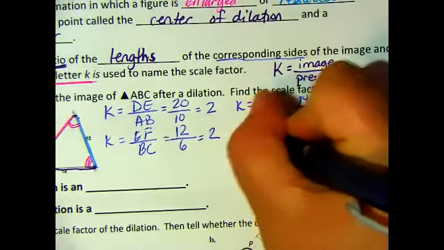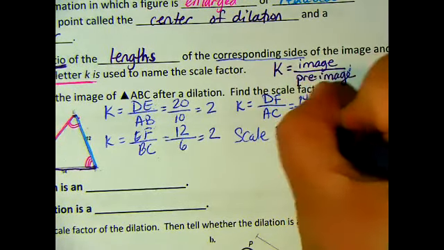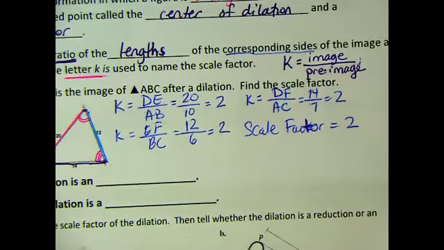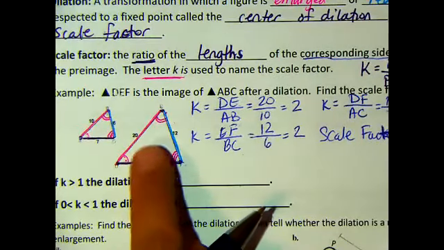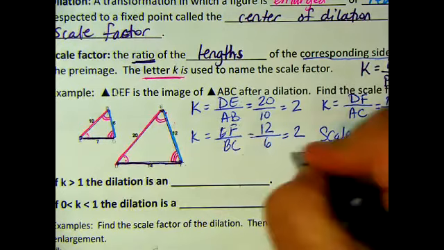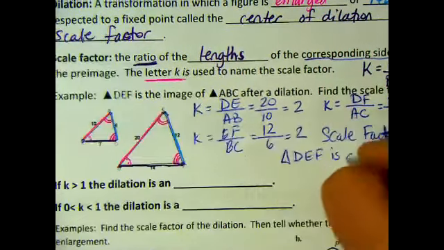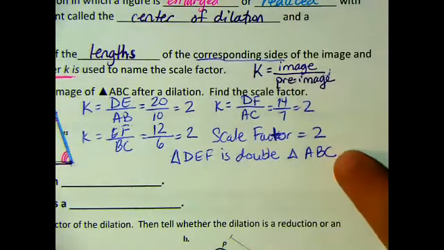So my scale factor is 2. And since triangle DEF is the image, I can say that triangle DEF is double triangle ABC, because a scale factor of 2 means that it's 2 times as big.